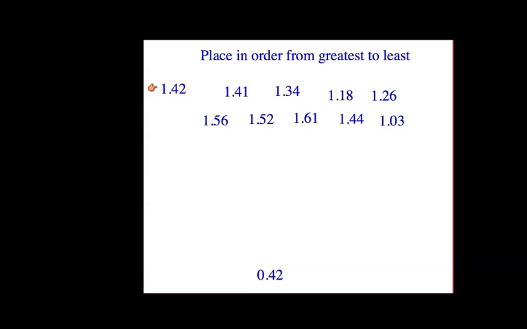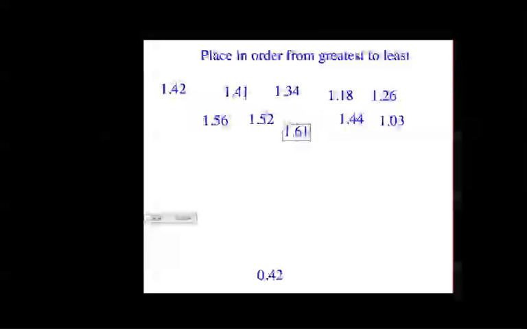To order the rest of our numbers, we need to look at the number in the tenths place. The number that is the largest value in the tenths place will be our greatest number. I have a 4, 4, 3, 1, 2, 5, 5, 6, 4, and 0.